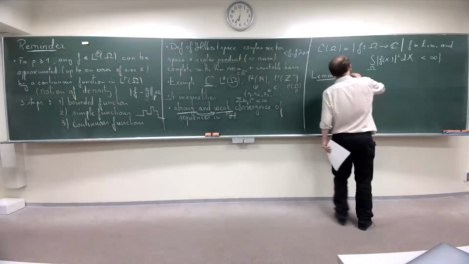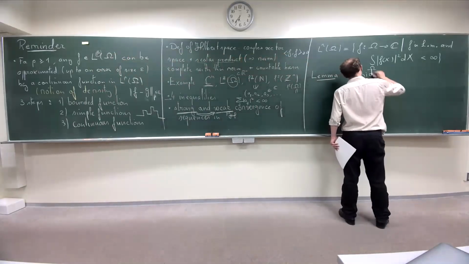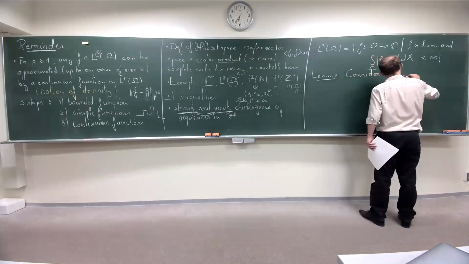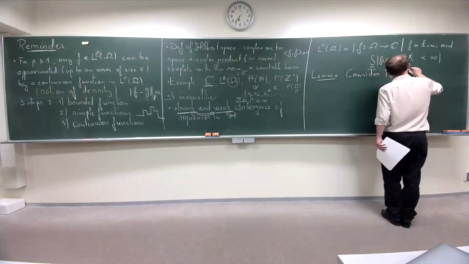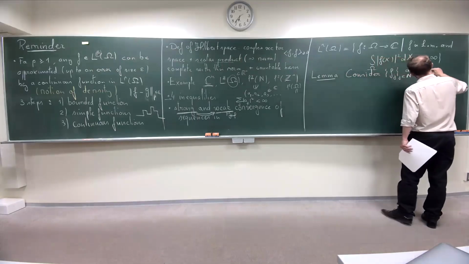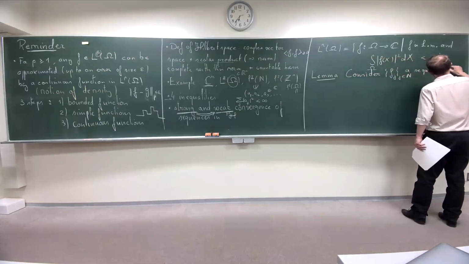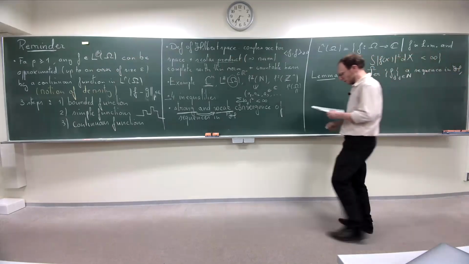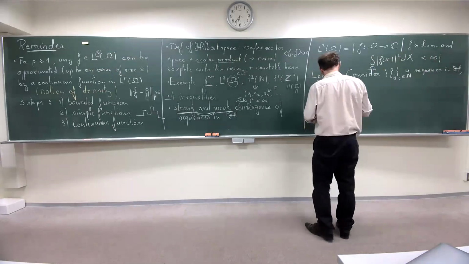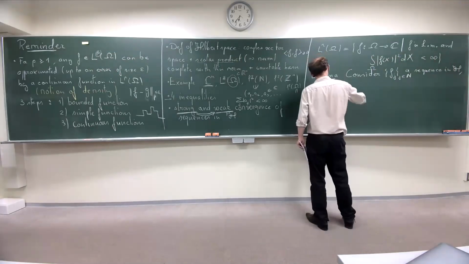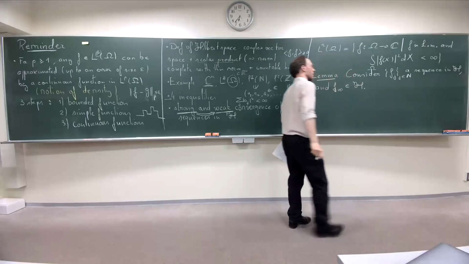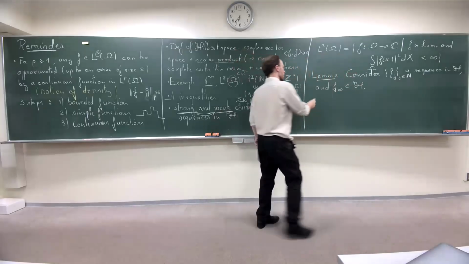So we consider Fj a sequence in H. And I consider also F infinity, which is one element of H. Now the claim is the following.